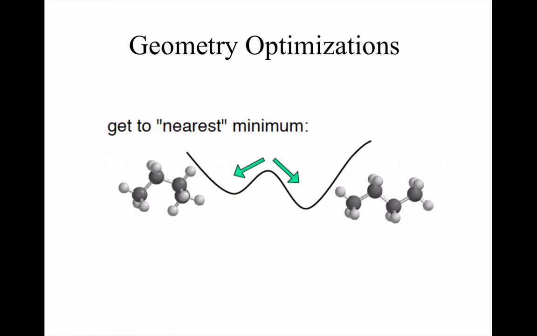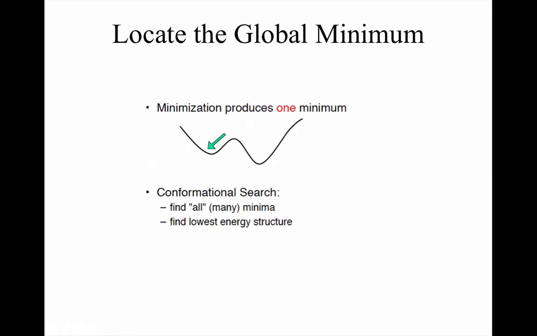So we have to be very careful when we rely on geometry optimization, and a method that can be used in order to, well, maybe not secure, but at least to make us more certain that we have actually reached the global minimum energy structure, is to combine minimization techniques with so-called conformational searches. We will do those conformational searches during the exercises in this course.